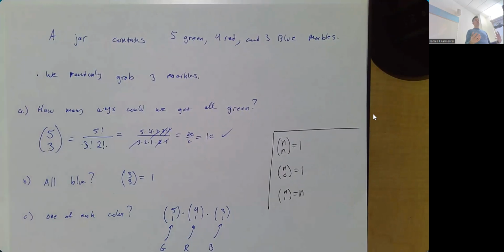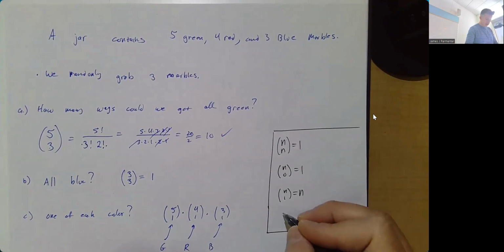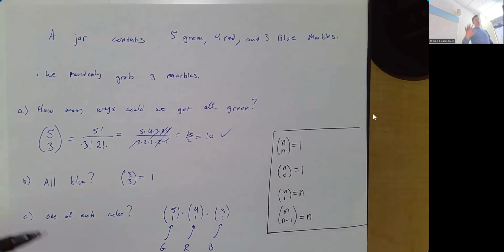The number of ways of choosing one thing out of n things, there are n ways of picking one of them. 1 finger out of 5 fingers. There's 5 ways of picking 1 finger out of 5 fingers. And then, because of symmetry, the number of ways of choosing n minus 1 things out of n is also n. If I want to choose 4 fingers out of 5 fingers, there's 5 ways of choosing the 1 finger I don't want.